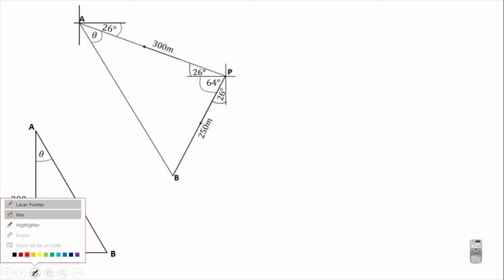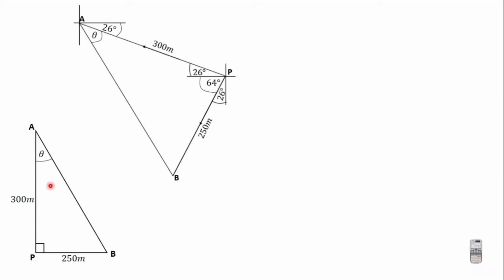So which trig ratio can I use to solve this? Considering theta, you can see that 250 meters is opposite. 300 meters is adjacent. So I have opposite and I have adjacent. It means that the trig ratio that I have to use is tan, because tan theta will give me opposite over adjacent.